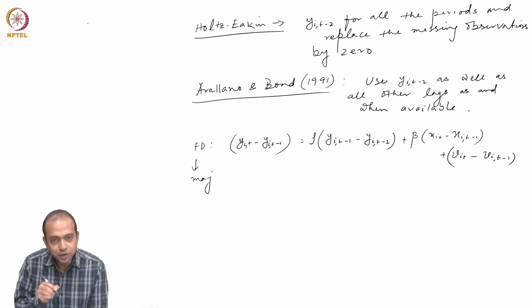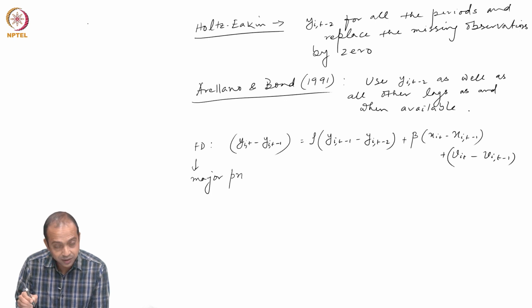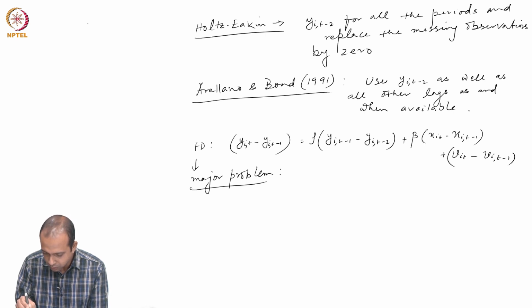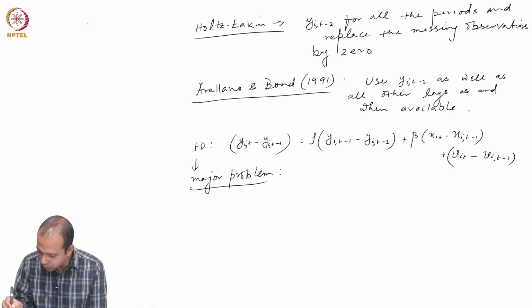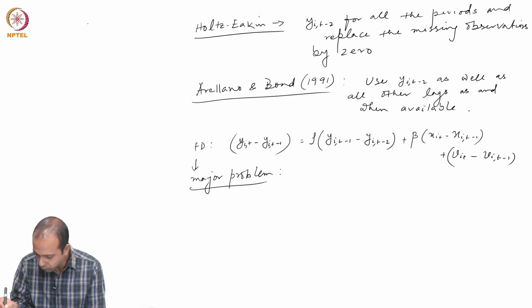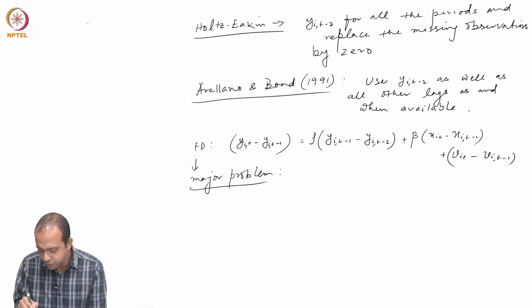So, the major problem of first difference transformation is that it magnifies the gap in case of missing observations.